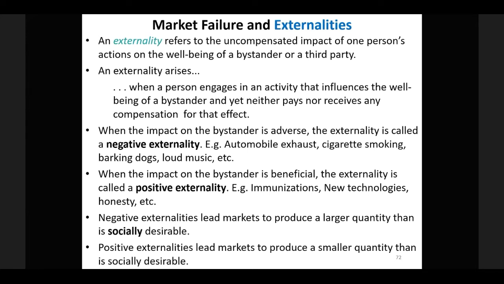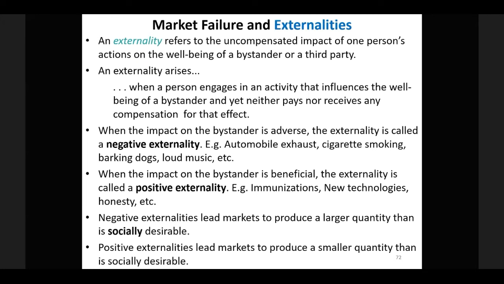So we can have what we call negative externalities and positive externalities. When negative externalities lead to market failure, they make markets overproduce, or produce larger than what is socially desirable. Society might desire a certain quantity, based on production efficiency, but the market will produce larger quantities than that.